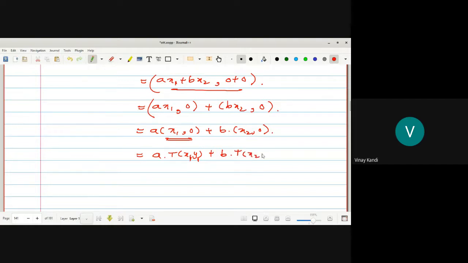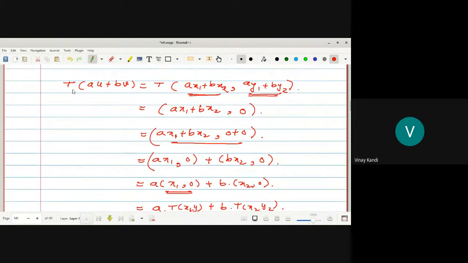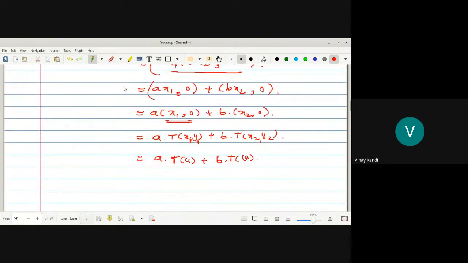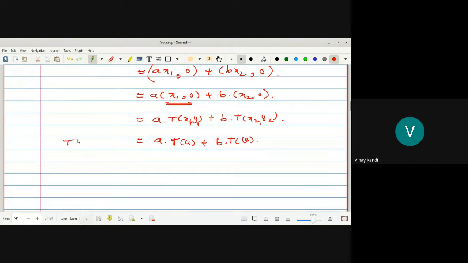That is a into T of u plus b into T of v. So on the left-hand side, T of au plus bv is equal to a into T of u plus b into T of v.